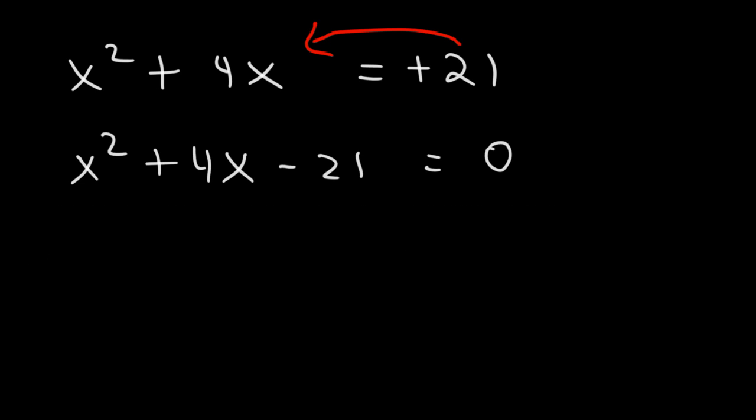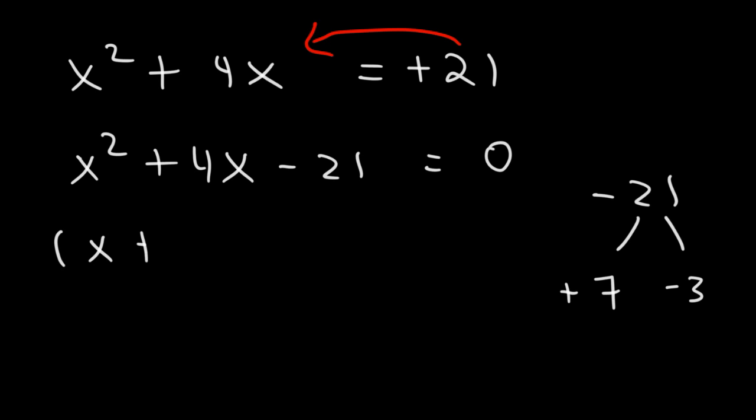So now we can factor the expression. We need two numbers that multiply to negative 21 but add to positive 4. So we know that 7 and 3 will give us 21. But in order to get positive 4, we need positive 7 and negative 3. 7 plus negative 3 is positive 4, but 7 times negative 3 is still negative 21.